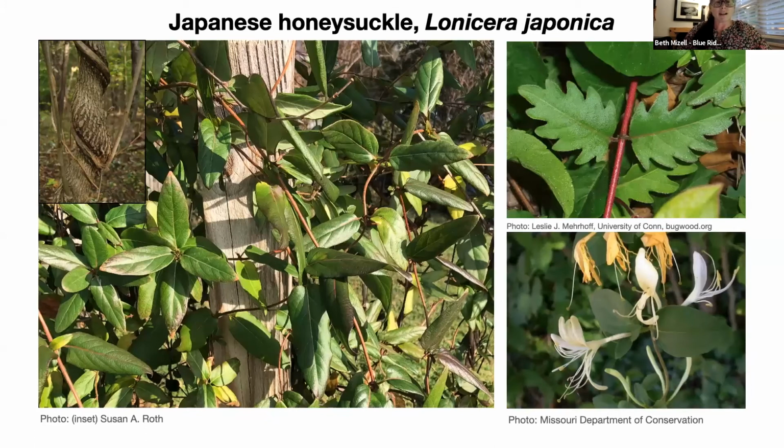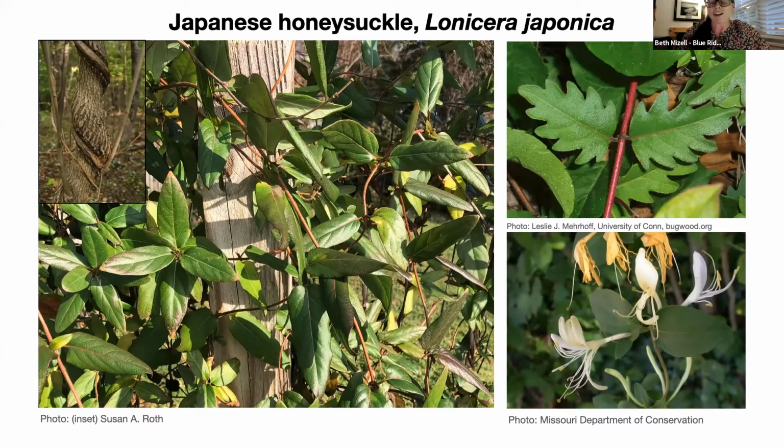The next vine that I wanted to highlight is Japanese honeysuckle, and this is also a vine that chokes trees. This is one that I'm sure many of you know by its showy and fragrant flowers. I have really fond memories of my childhood in Indiana, getting the flowers and getting that little bit of nectar out of it and tasting it, it's really sweet, and that really fragrant smell during the summer.